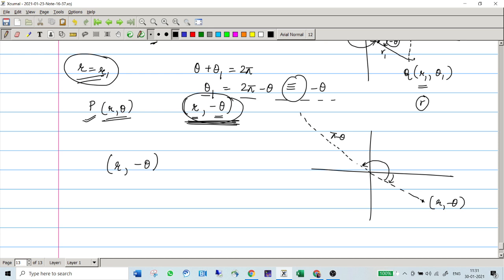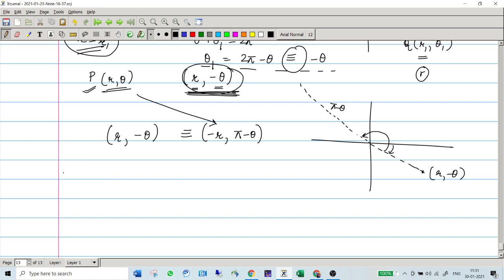So if we are traveling in the pi minus theta direction but away from the origin, that means minus r units in this direction. So it is the same as minus r units in what direction? Pi minus theta, right? So another form of a point which is symmetric to this point is this.